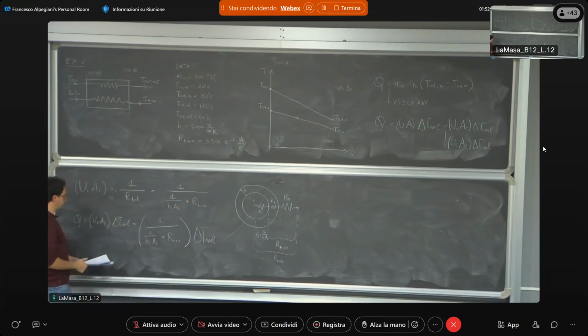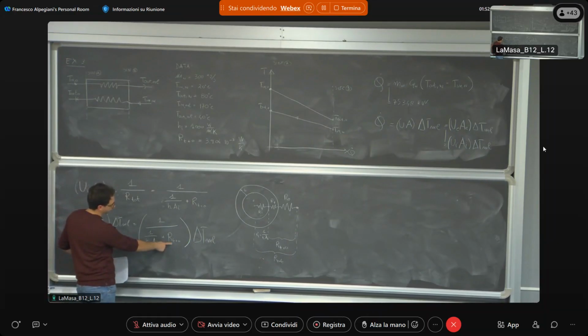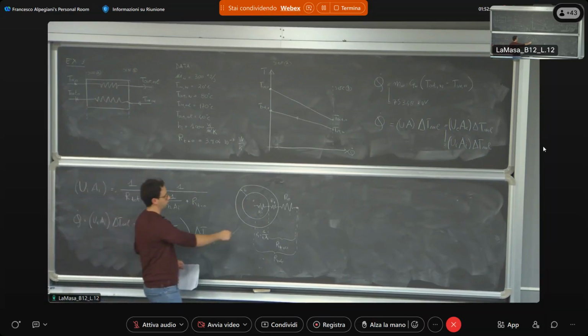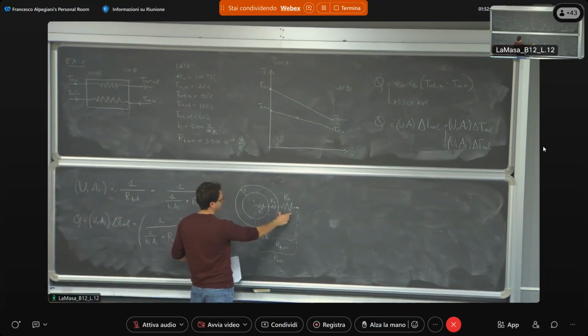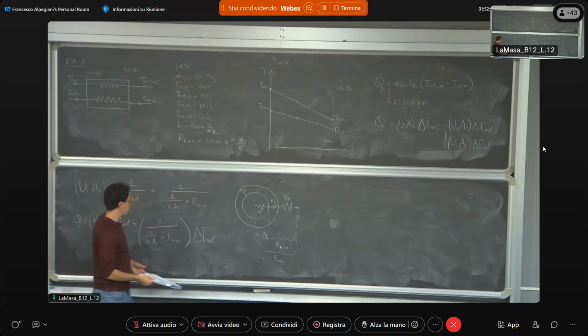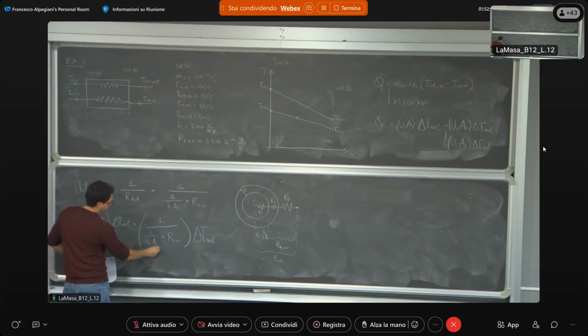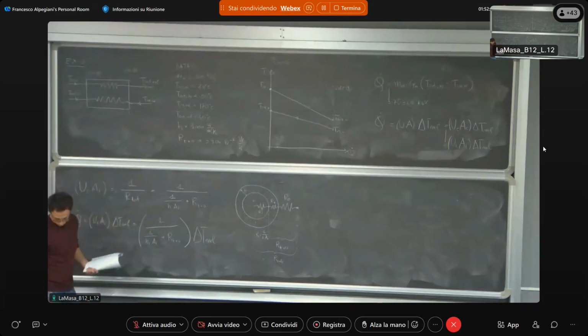All these values are known: Q is known, hi is known, and also the total of the conductive resistance and the convective resistance on the outside. What is missing is this area, and it is also what we want to evaluate.